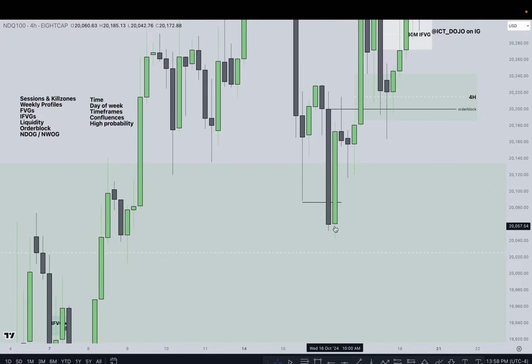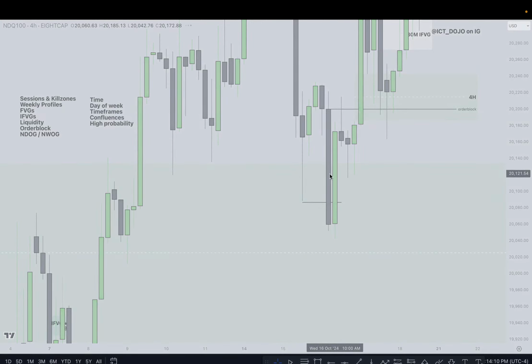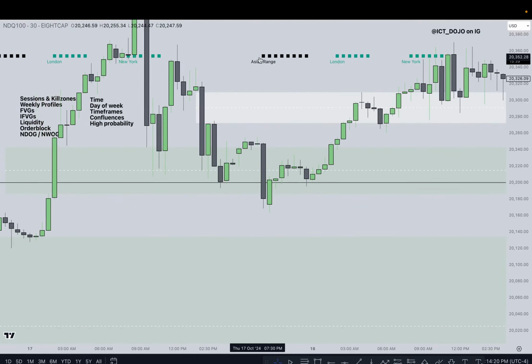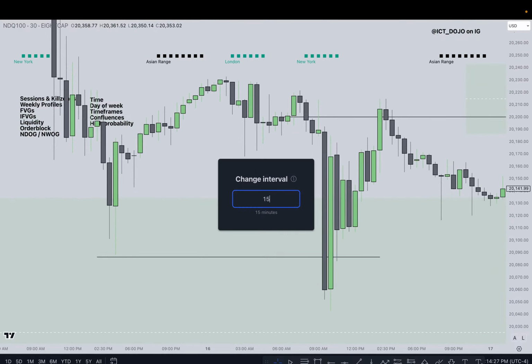So at 7 a.m., once 6 a.m. candle closes and the 10 a.m. 4-hour candle, but technically on the lower time frame it's just 7 a.m. So this closes at 6 a.m. and the new daily candle opens. Not daily, 4-hour candle. So that's right when the New York session starts. Sorry, I got a little bit confused.